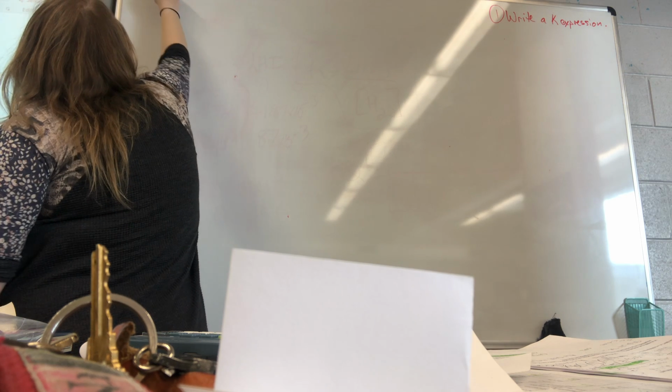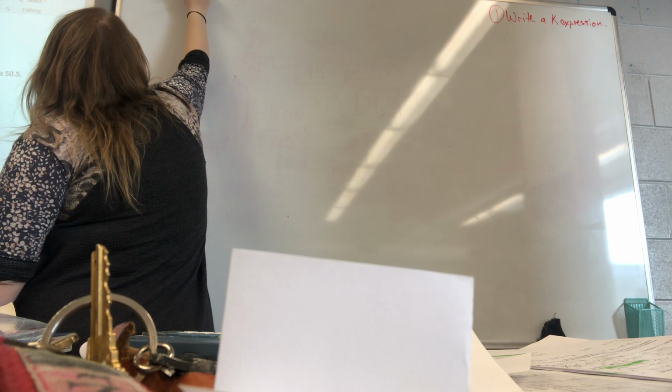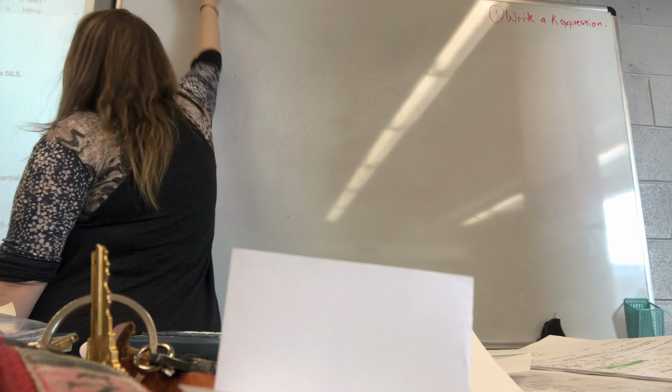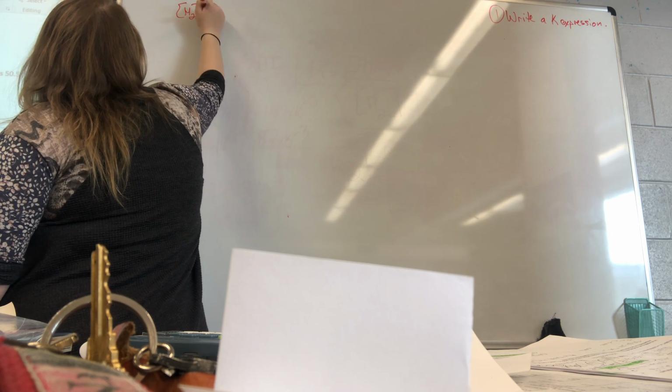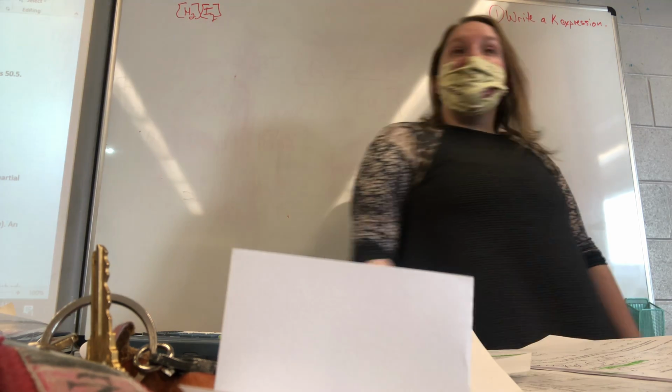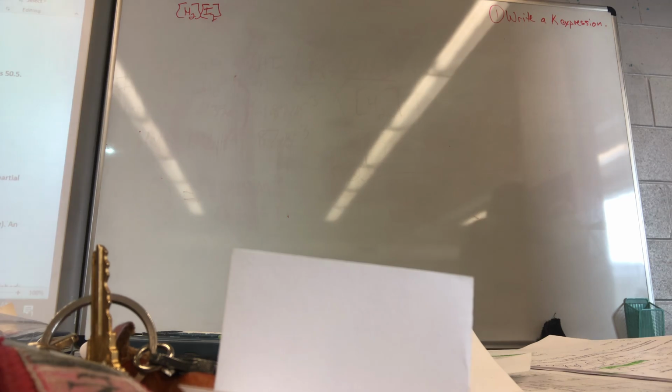We're told the value of the equilibrium constant K. We're given an overall reaction. So I'm going to start by writing a K expression. We're not given states of matter in this particular problem, so we're going to assume that they all matter.